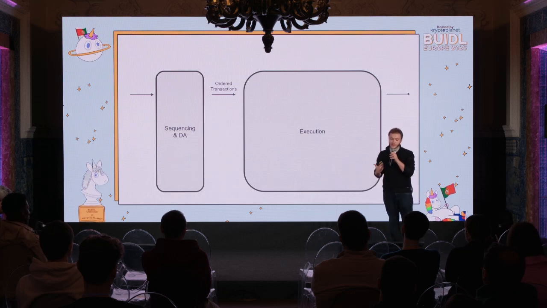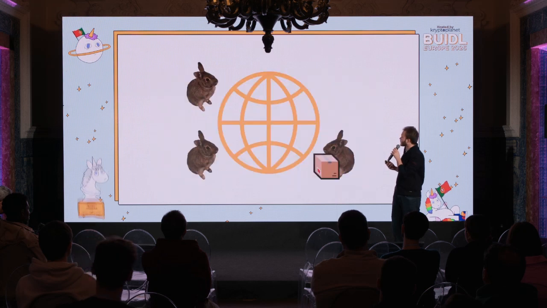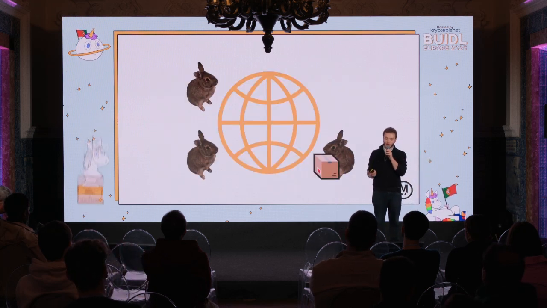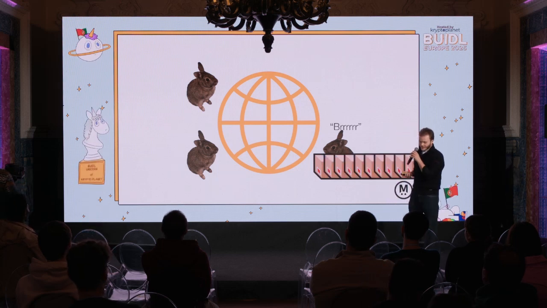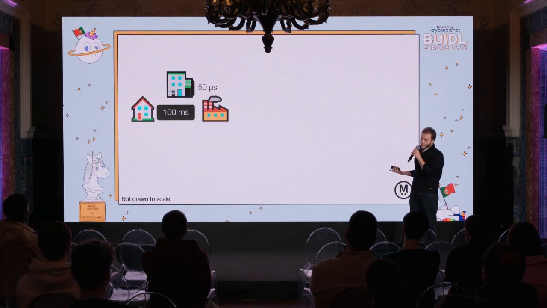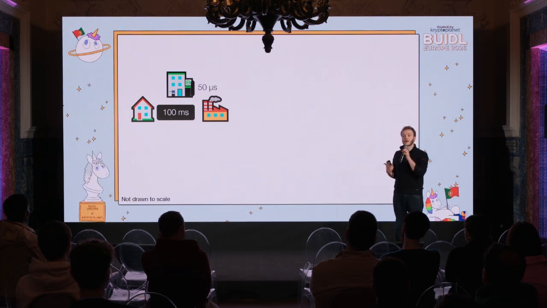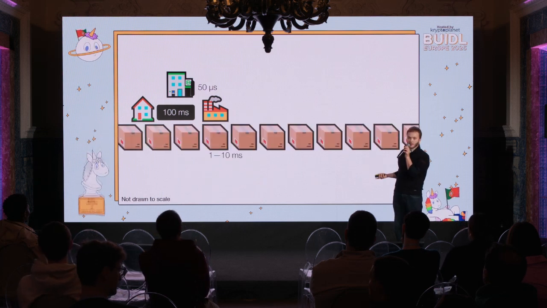What we suggest is to replace consensus with centralized block production. Because they don't need to coordinate with others to produce blocks, they can produce them at the most efficient pace possible. With more frequent blocks, there's less time spent waiting for transactions to be packaged into the next block. And then you can get 1 to 10 millisecond block times.